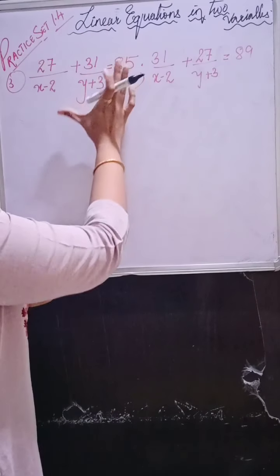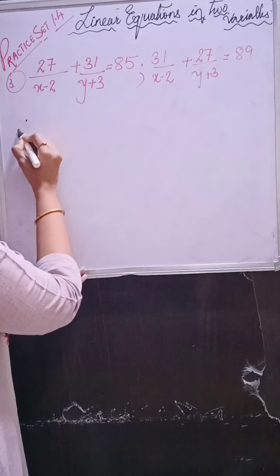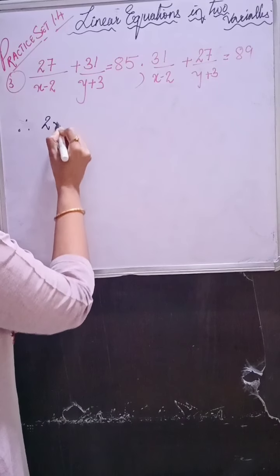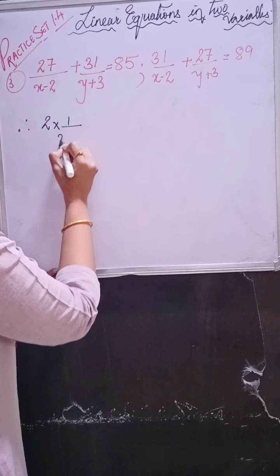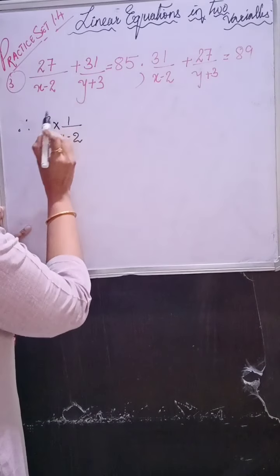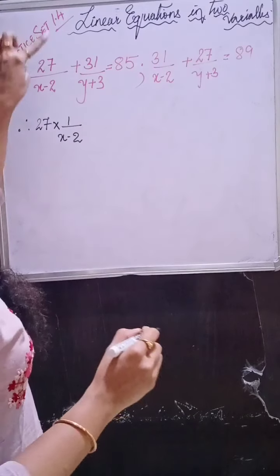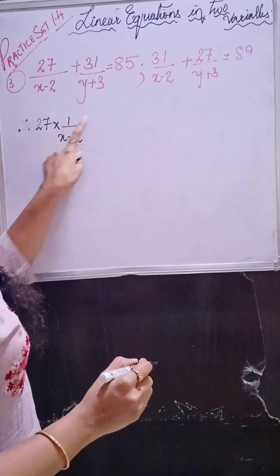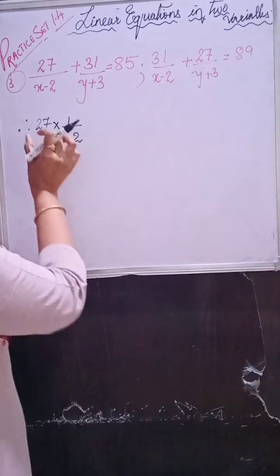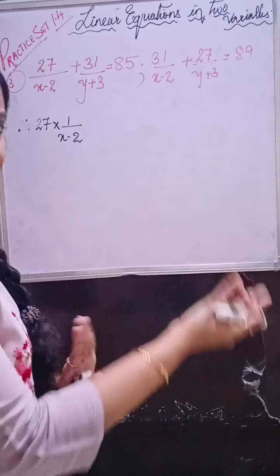So this equation I can show as 27 into 1 upon x minus 2. This is nothing but 27 into 1 upon x minus 2, and 27 into 1 is 27 upon x minus 2. Just I split it.